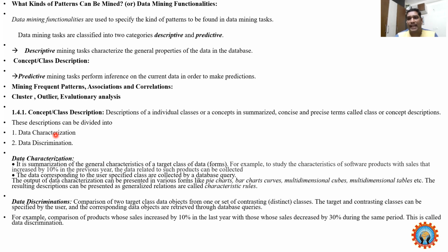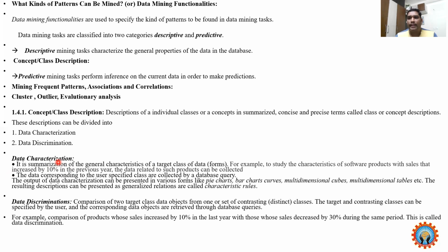Every quarter has some sales. They show some result, for example for Infosys, for this quarter there is some profit, for this quarter there is some loss. Okay, now you have 4 quarters of sales. Now data characterization is where you summarize the 4 quarters into one annual figure. Now you get the annual sales.